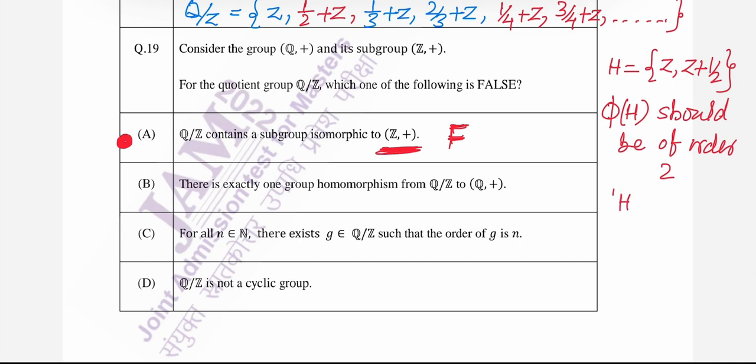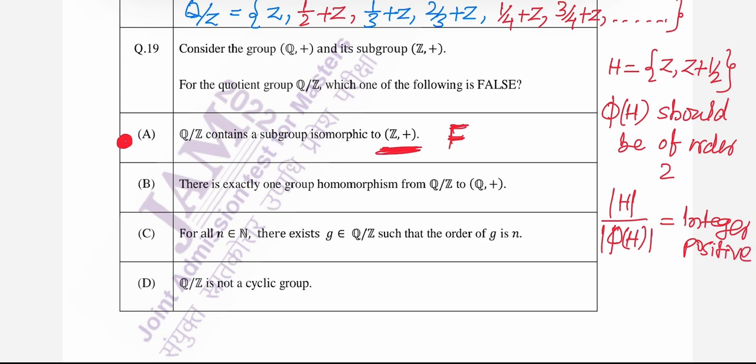Order of H divided by order of phi H in case of homomorphism, not in isomorphism. In isomorphism, order of these two must be equal. For homomorphism, the order of H and order of phi H, if you divide, then you get a positive integer.